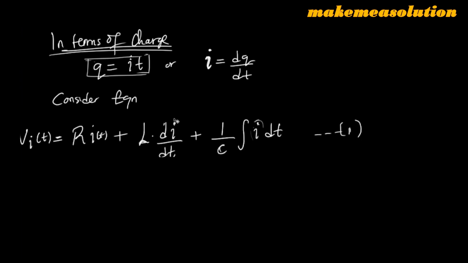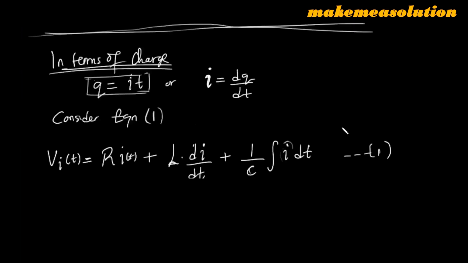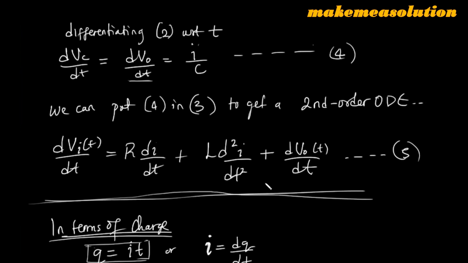So this was equation 1. So consider equation 1. It was given to us like this. All right, so before I proceed, I want to say you can actually stop here in equation 5 because you've already expressed it in terms of current.